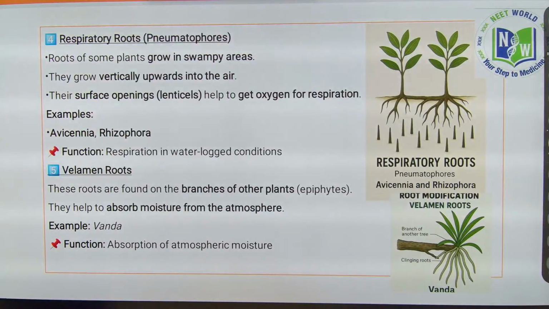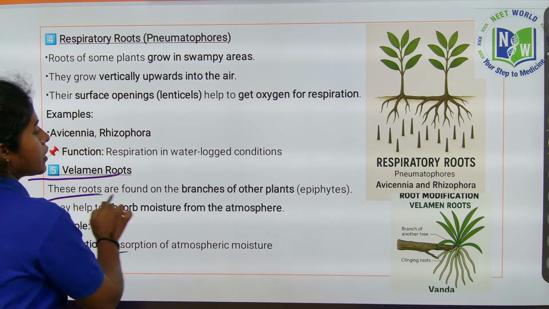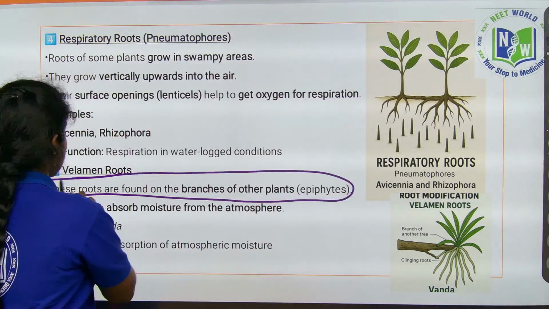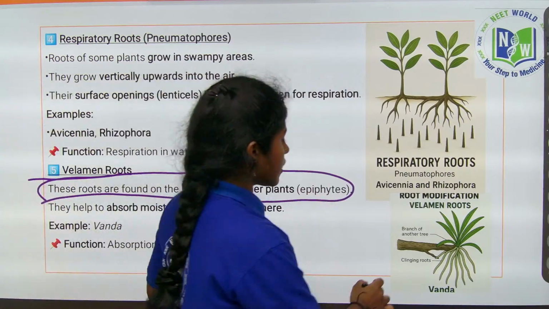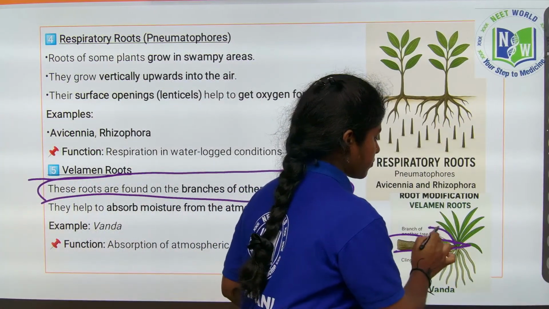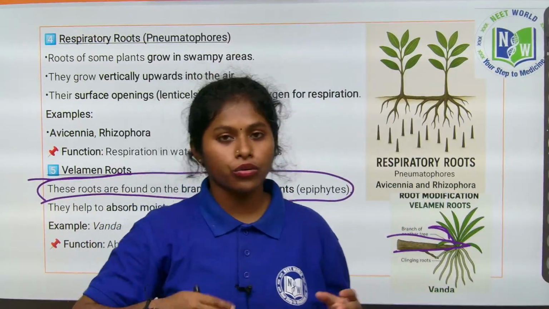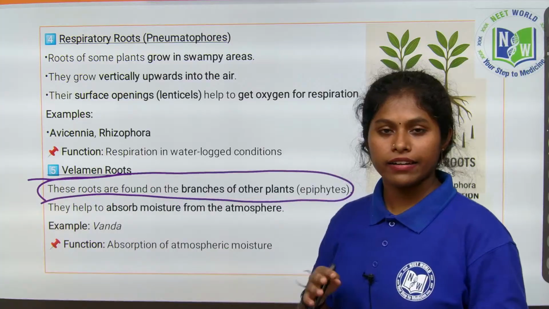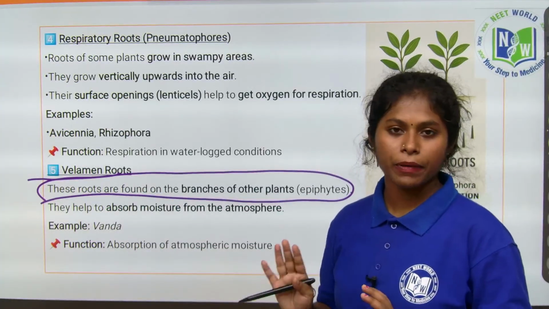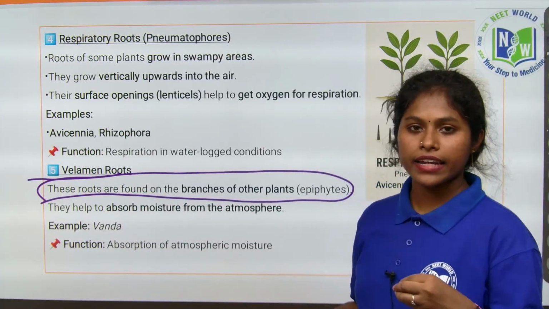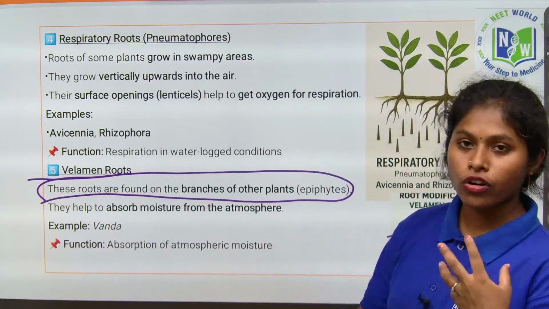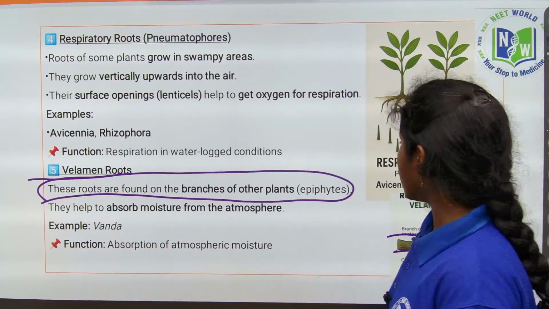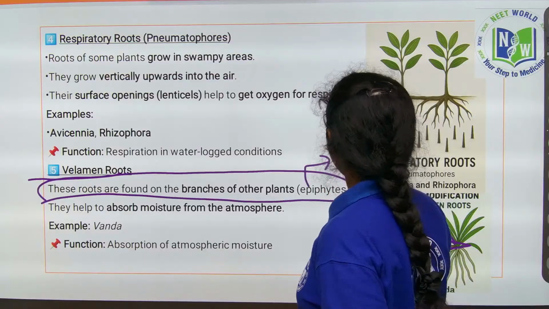What are velamen roots? These roots are found on the branches of other plants. These plants grow on other plants but do not depend on them for nutrients or water, and do not affect the plant. They are found on the branches of other plants, so they are called epiphytes.